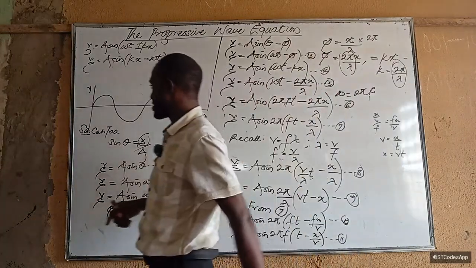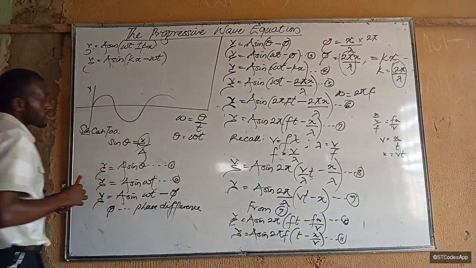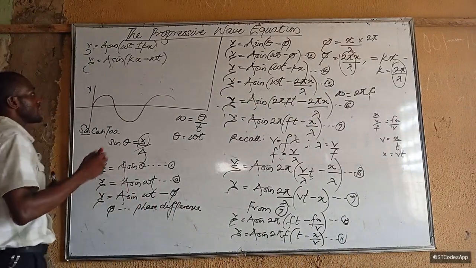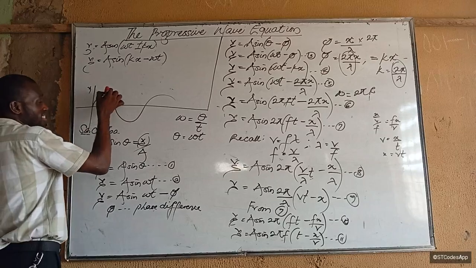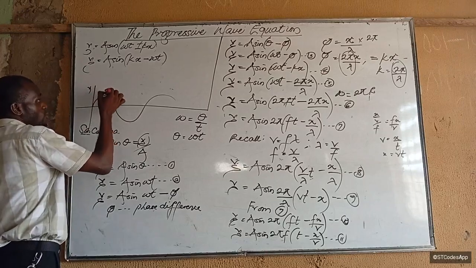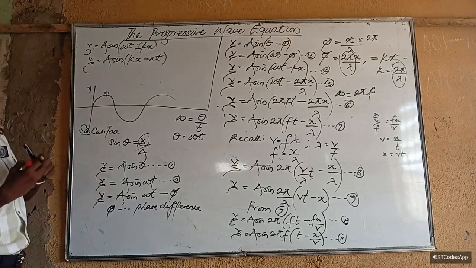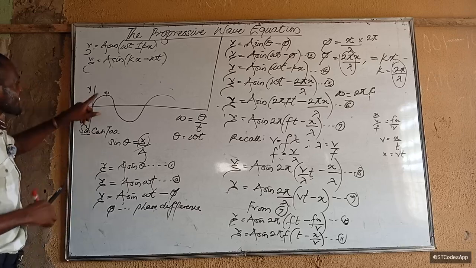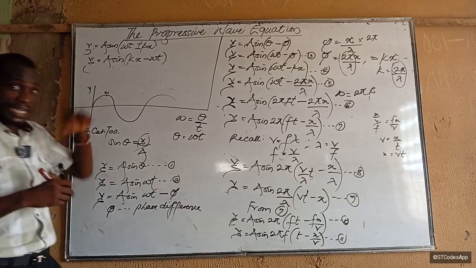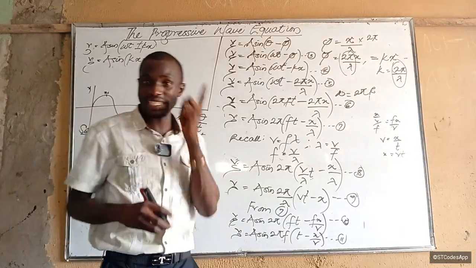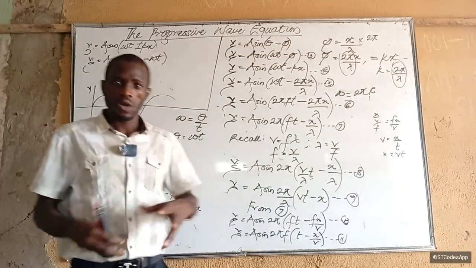What that means is this: if a particle x1 is described to be here, another particle in that waveform is going to have the same waveform, and make sure you are listening to what I'm saying.